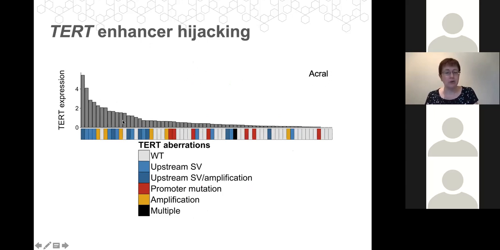This is showing the acral tumours with RNA sequencing, and these are the different types of TERT aberrations, where the blue ones are events where there's a rearrangement upstream of TERT, and the darker blue is those which are rearrangement plus amplification, and this seems to be associated with higher TERT expression.